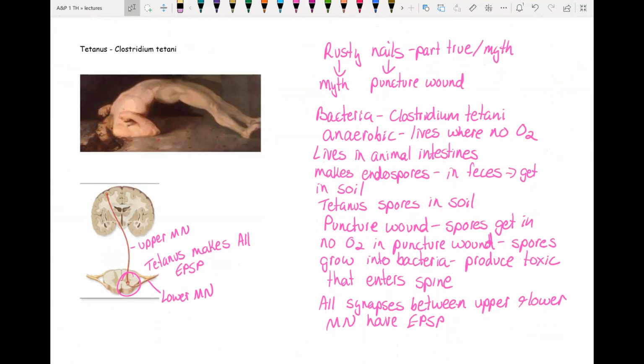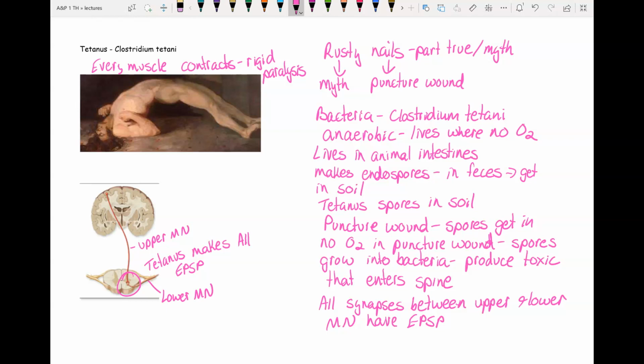So here's a picture of a man who has tetanus. That's what it looks like if every muscle in your body contracts at the same time. And this is called rigid paralysis. So he's paralyzed, he can't move, his body is stuck like that. And he's stuck like that because every single muscle is contracted. Tetanus is also sometimes called lockjaw because it starts in the jaw usually.